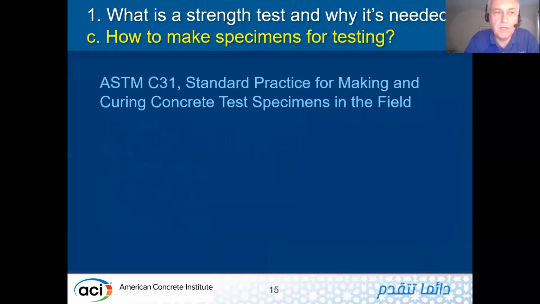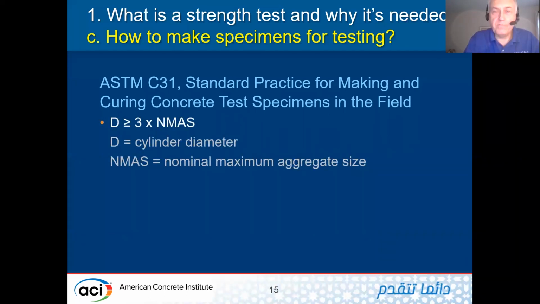So remember, the first thing that C31 talks about is the specimen size. The important part is what diameter of cylinder mold to use. The first thing is that the diameter of the cylinder has to be at least 3 times the nominal maximum aggregate size.